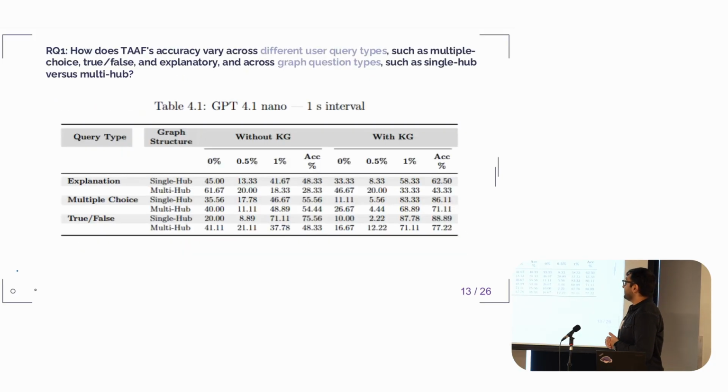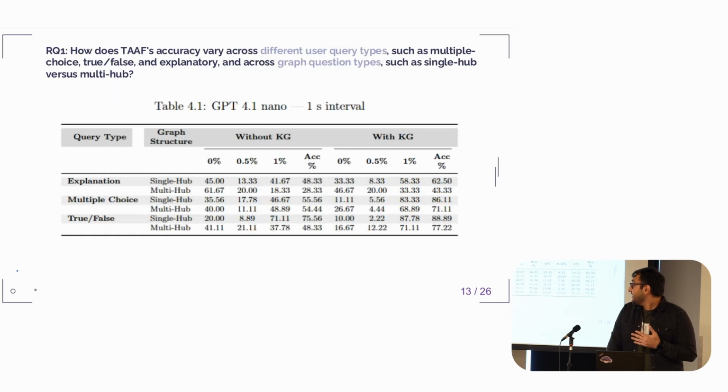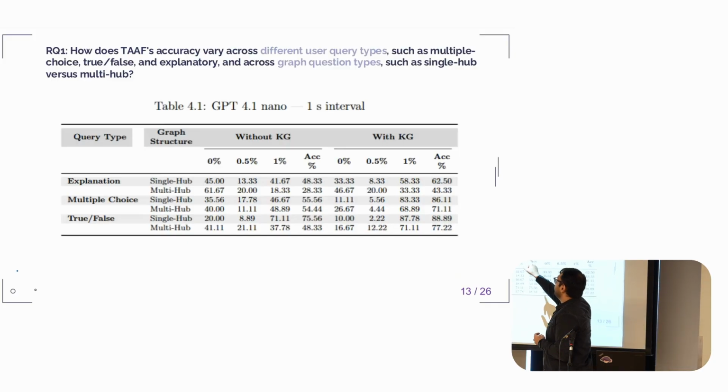Here is the first research question. How does TAAF's accuracy vary across different user query types and different graph question types? So we had 3 LLMs and 3 time windows, so we have 9 tables. I will show one of the tables here. This is for GPT-4.1 nano, 1 second of data. Here we have different query types, for example, true or false, single hop or multi-hop.